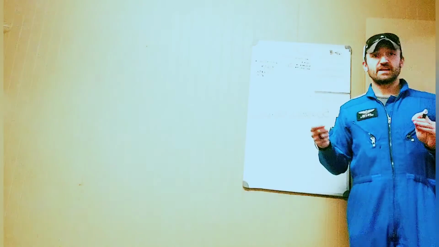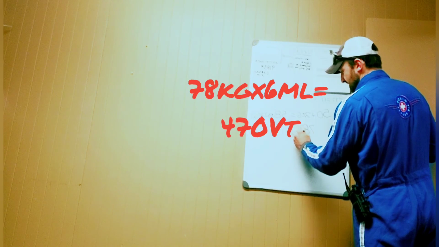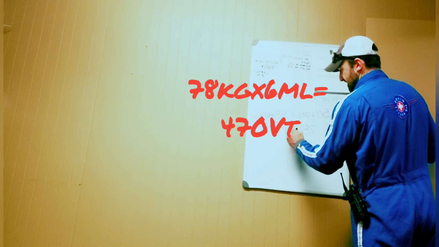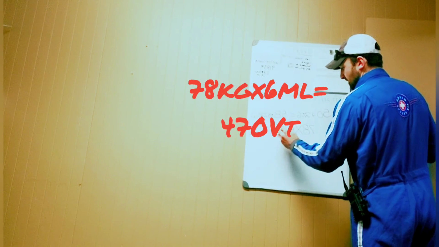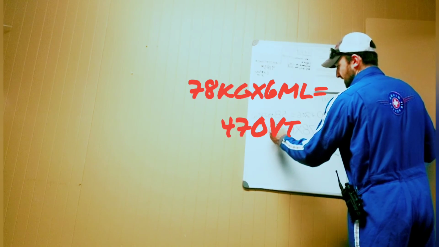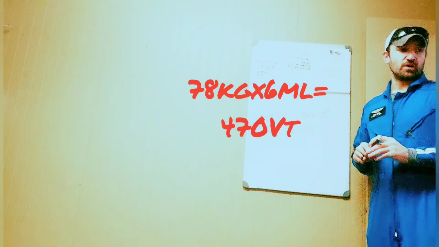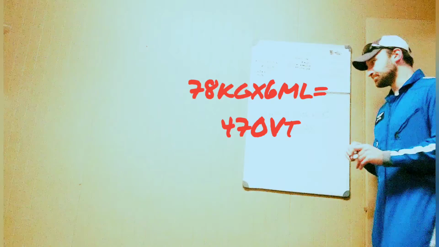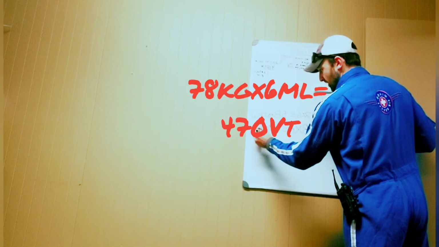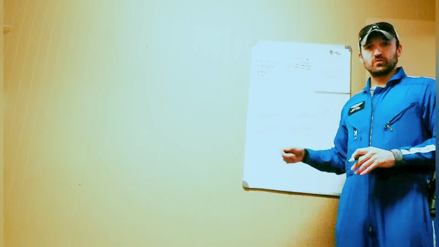So we'll multiply the 78 by 6, 78 times 6, and that will give us roughly 470 for a tidal volume. So that's going to be our tidal volume, Vt, represented with a capital V, lowercase t.